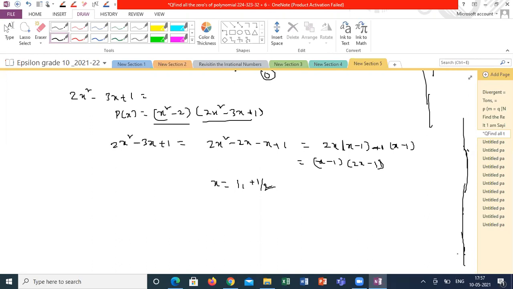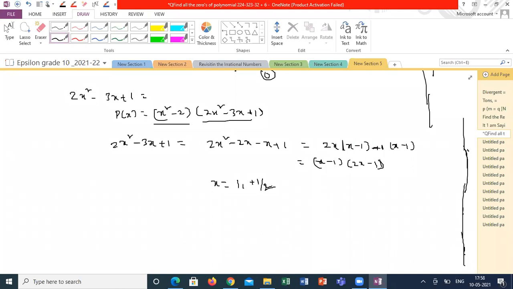There are only two steps. One is to divide with the given polynomial. If it is not mentioned that it is a factor, check whether it is a factor or not. Verification of a factor can be done using the remainder theorem. If it is a factor, divide it, and whatever expression you get, factorize again.